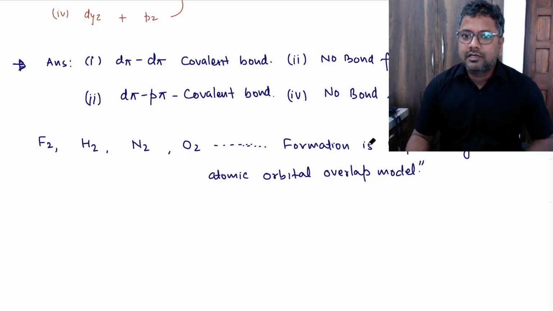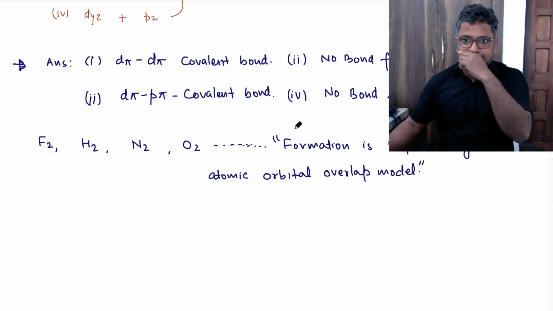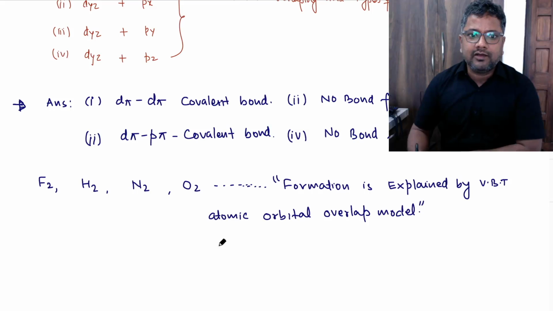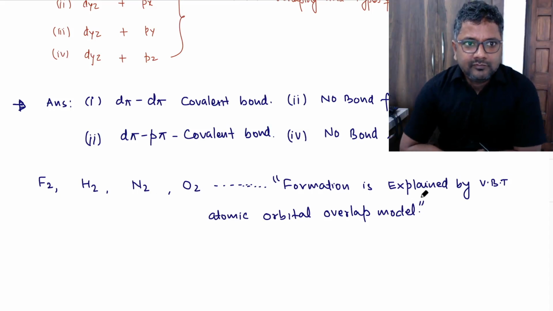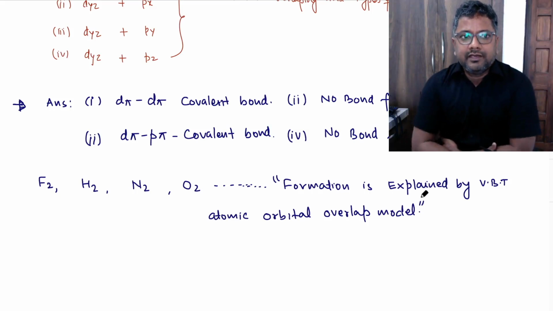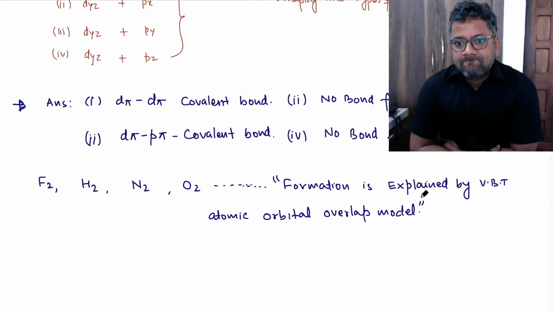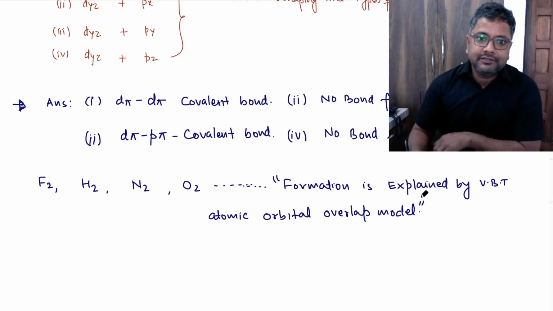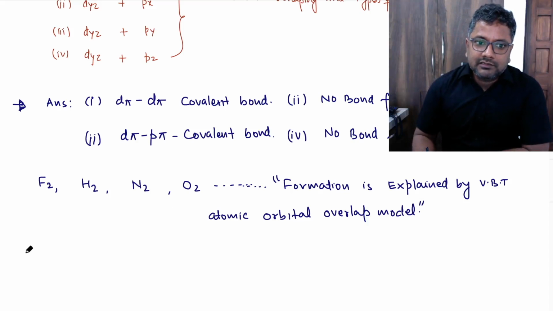See, I am not saying here that every property of all these molecules is explained by the VBT model, or this model that we have learned here. Formation is explained, but not every property. Like, the oxygen that is present around us, this is a very important point.